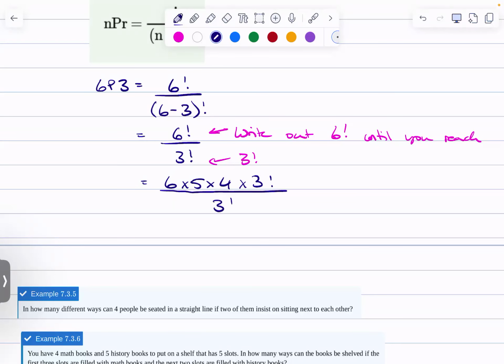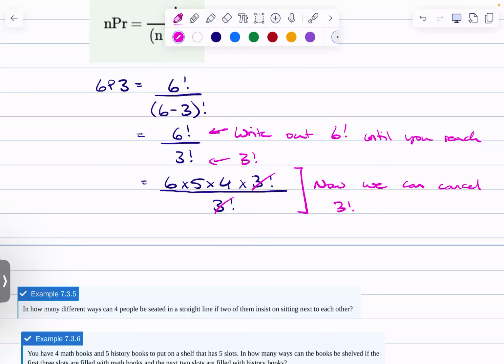Because now we can cancel three factorial. And then you're left with 6 times 5 times 4.